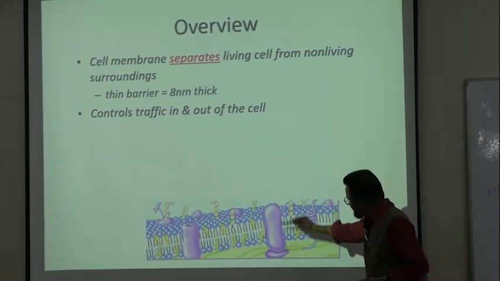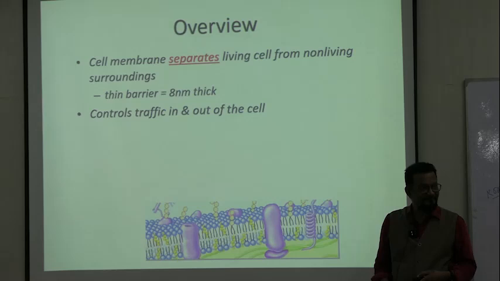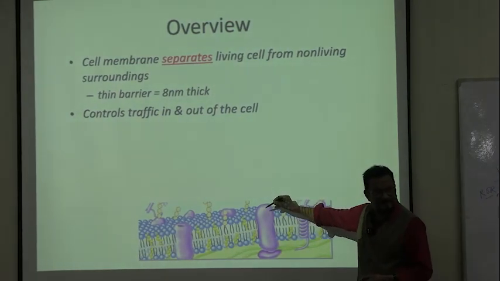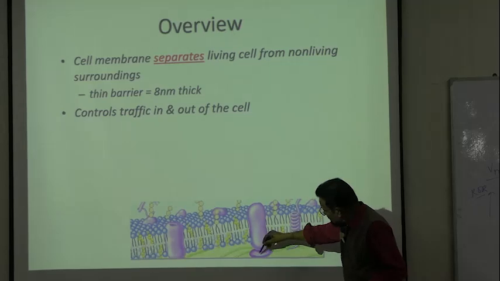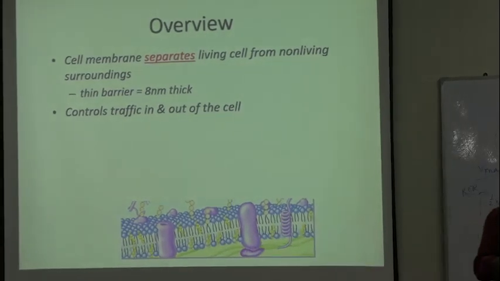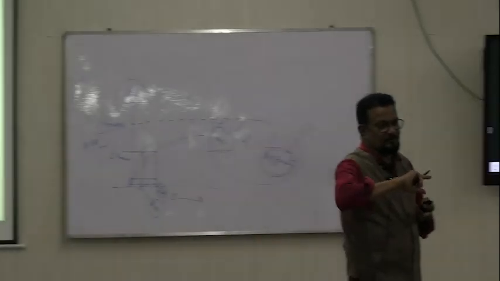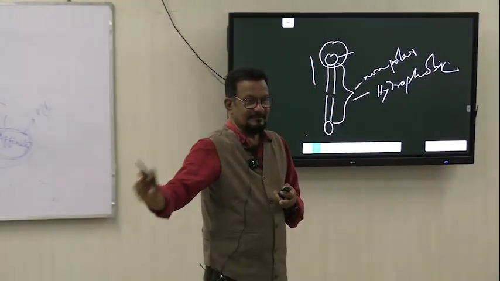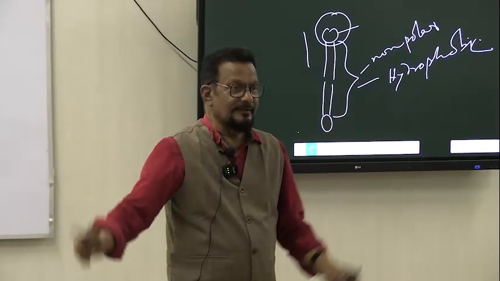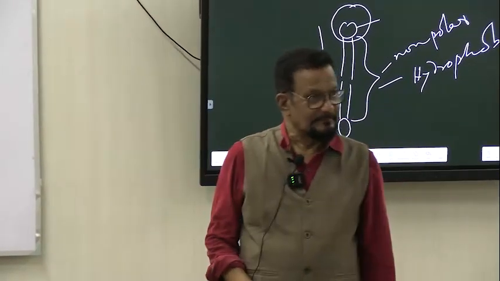This is what? A receptor. So here the hormone will bind. The binding site is there. So it will cause stimulation of this part. Stimulation of this will produce a second messenger.